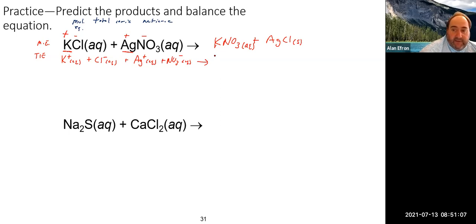The potassium nitrate also is really in solution, not together, floating around and broken apart. And our silver chloride will stay together, which is why it would make a white solid, and we would not break it apart. And this again would represent our total ionic equation.